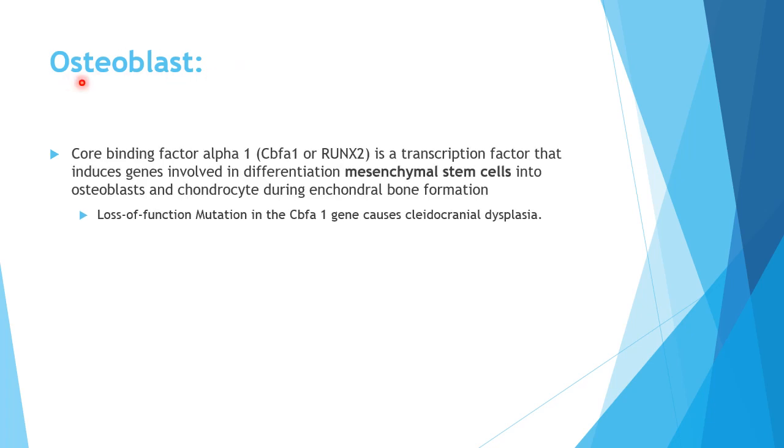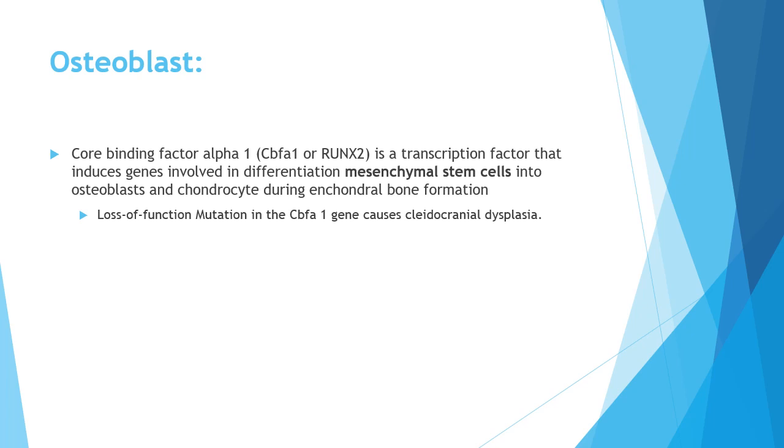As we discussed, osteoblast comes from stem cell. There is a very important gene that is responsible for the differentiation of the mesenchymal stem cell into osteoblast, which is called core binding factor alpha 1, or CBFA1, or RUNX2, and this gene is responsible for differentiation of mesenchymal stem cell to osteoblast. Of course, if there is a disturbance of this gene, a congenital condition can form.